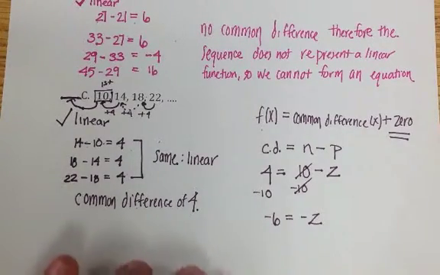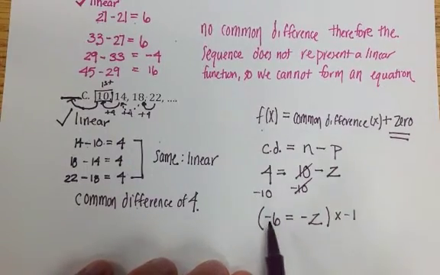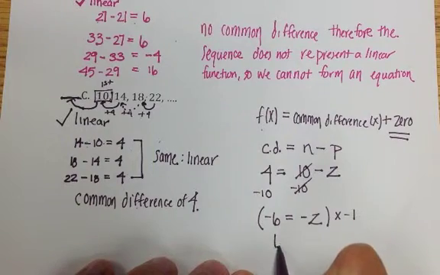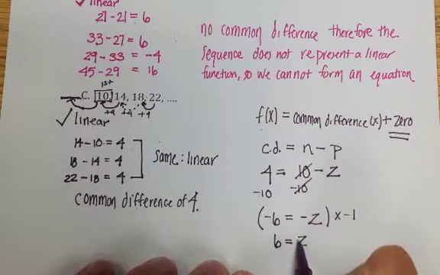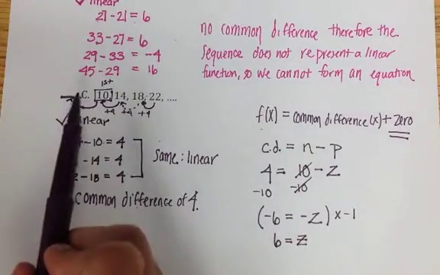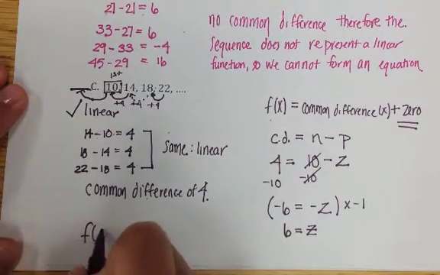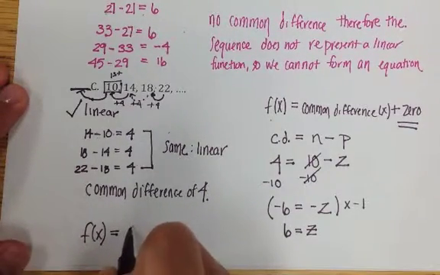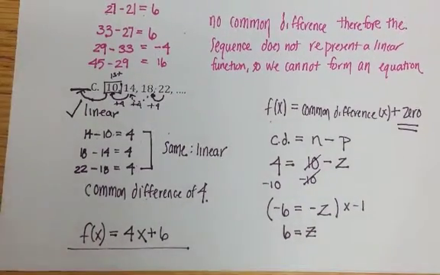Well, we want to know what the positive of that is, so we're going to times everything by negative 1. So negative 6 times negative 1 is positive 6, and negative z times negative 1 would be a positive z. So our 0 term is 6, and you can check it. 6 plus 4 would give you 10. So our equation would be f of x equaling 4x plus 6. And this equation, again, would allow us to find other terms in the sequence.